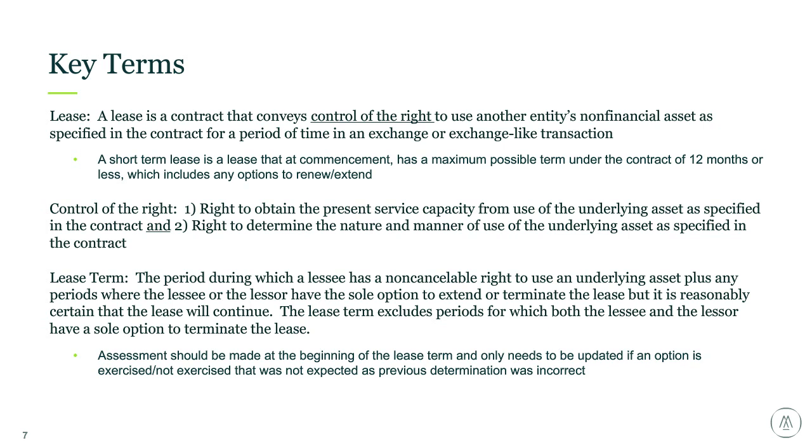Now, the GASB requires that the assessment for this term be made at the beginning of the lease term, and then you do not have to go back to update that or to analyze it unless there are unexpected options that were exercised or not exercised. So unless something unusual or unexpected occurs, you do not have to go back and revisit this every year. You make the assessment at the beginning of the term, and then unless something dramatic changes, you're probably good to go.